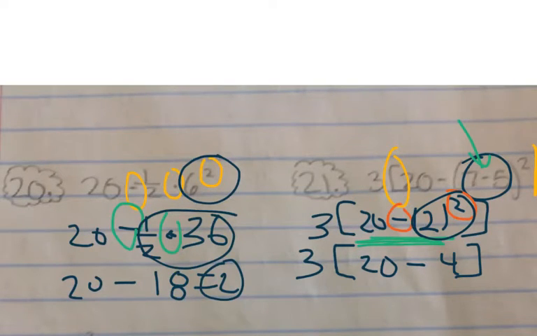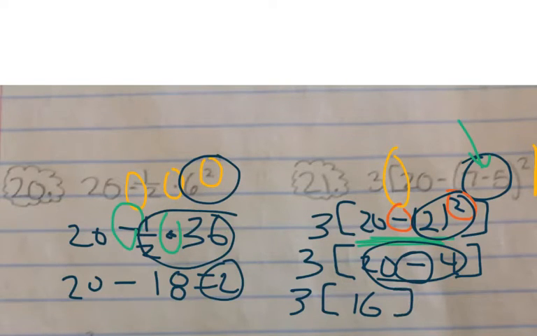Now guys, notice the only thing left in my bracket here is this minus, right? So let's go ahead and do that next. 3 parentheses or bracket 16. 20 minus 4 is 16. And now notice I have only one thing left to do is multiply. 3 times 16 is 48. So pause the video here if you need to.